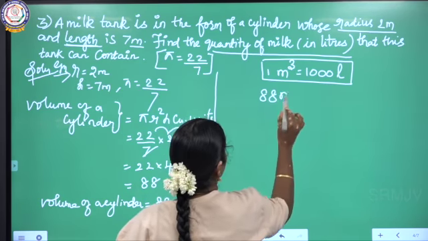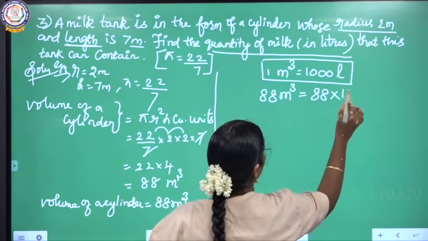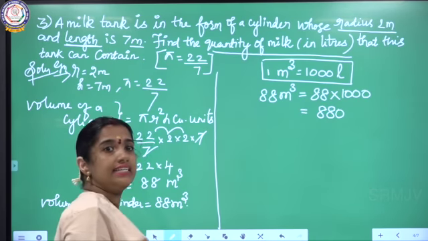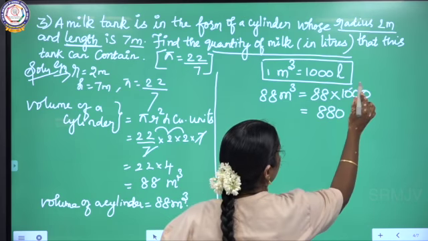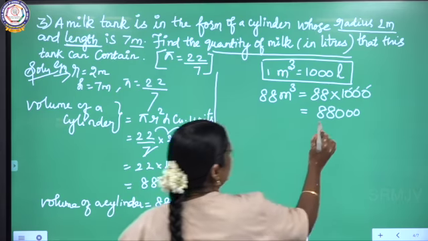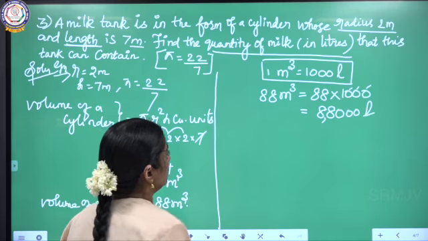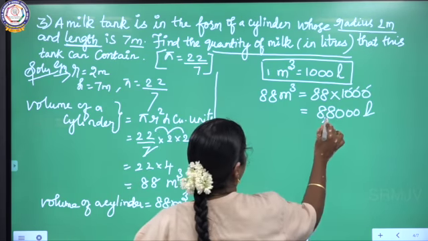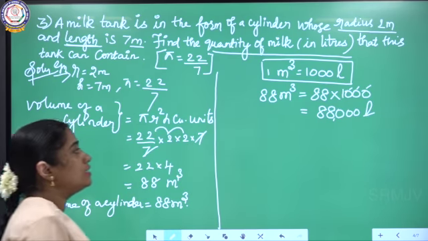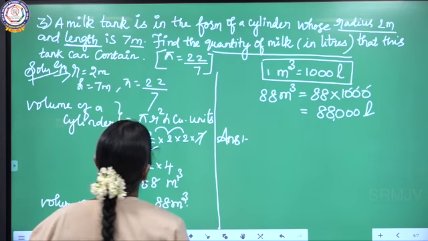So 88 meter cube is equal to 88 into 1000. 1 eights are 88. How many zeros are there? 1, 2, 3. So you just add the 3 zeros. So that is 88,000 liter.